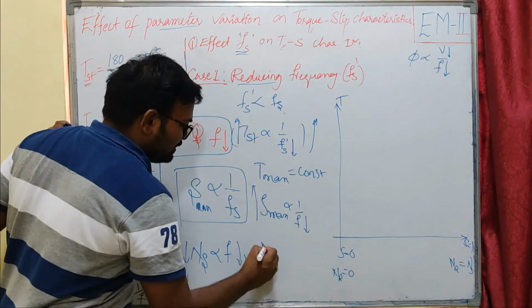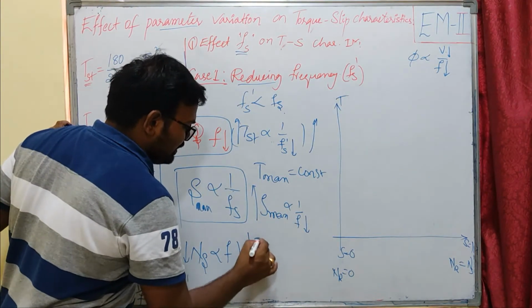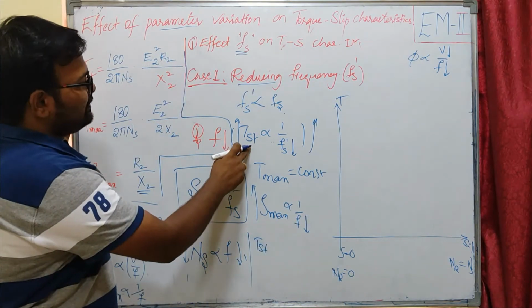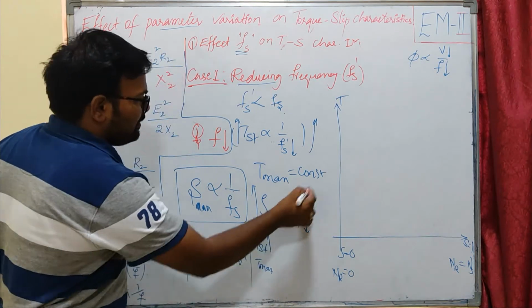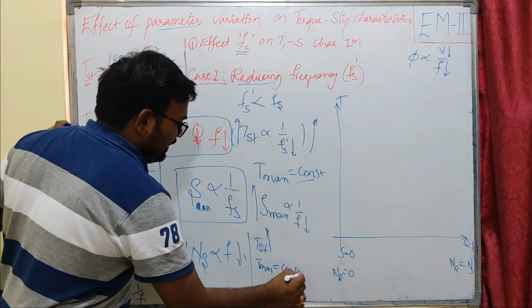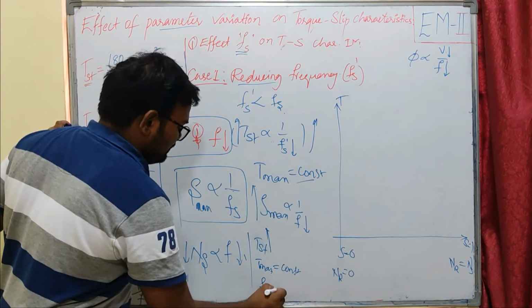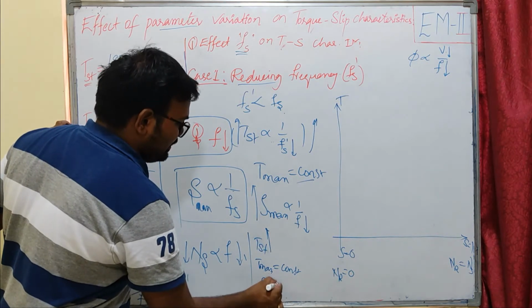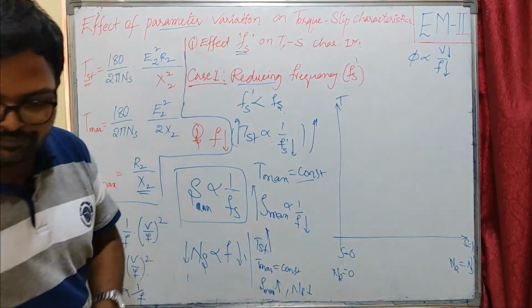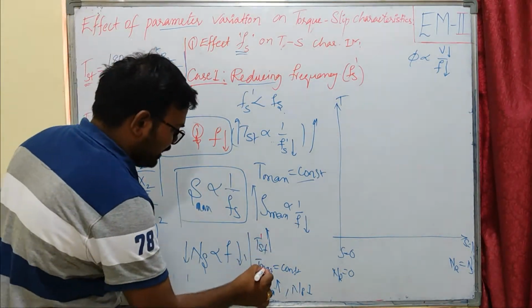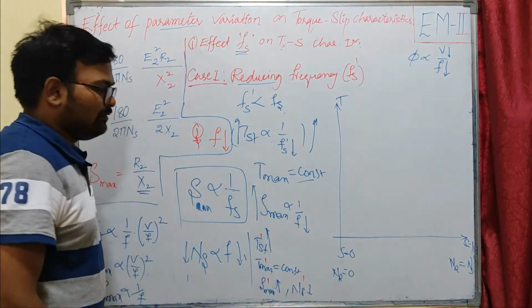Here TST, starting torque, is increasing, our T max is constant, S max is increasing, and NS is decreasing. These are all primes, after changing the frequency.